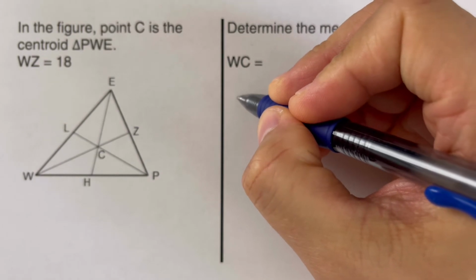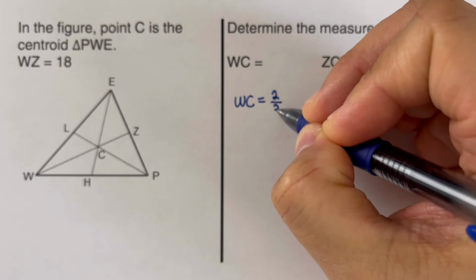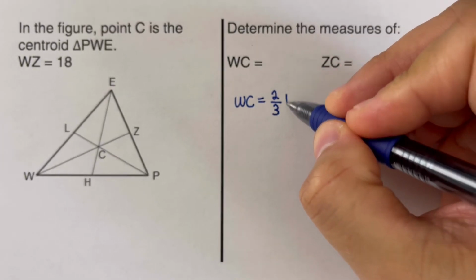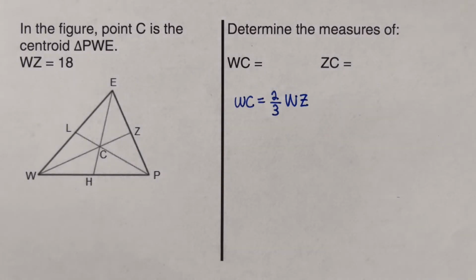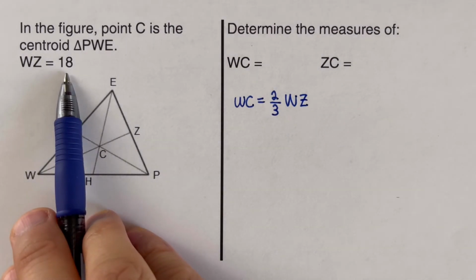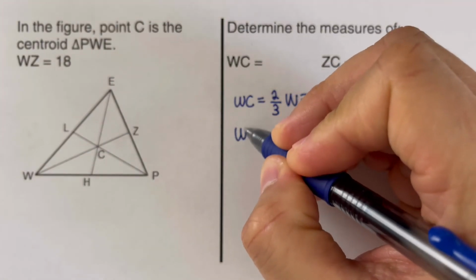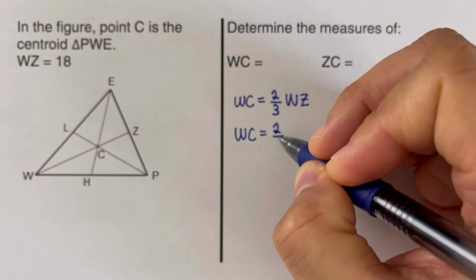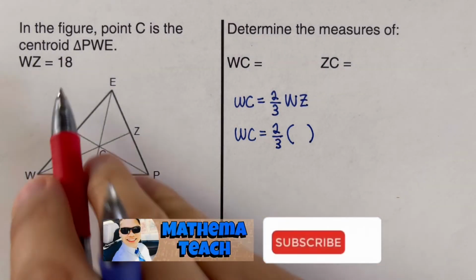WC is equal to 2/3 of the whole thing, which is WZ. Now, we know that WZ was given to us and it was 18, so we plug that in here.